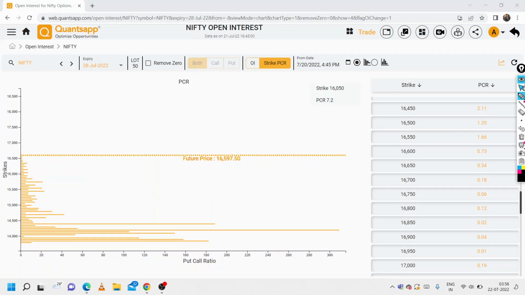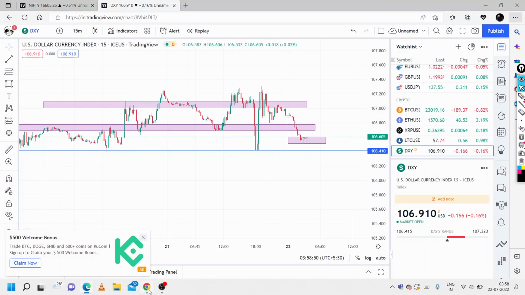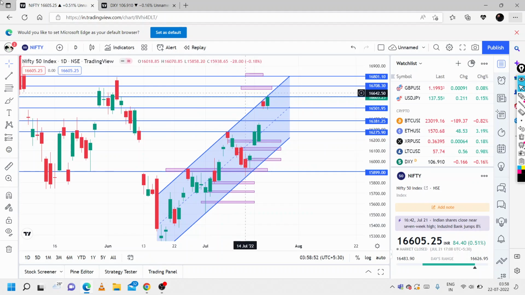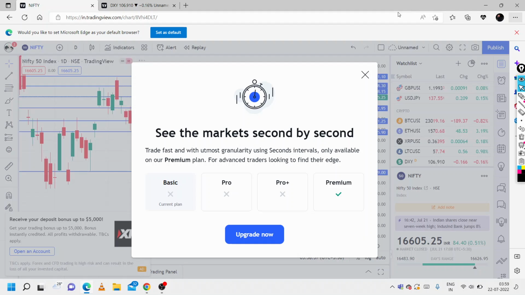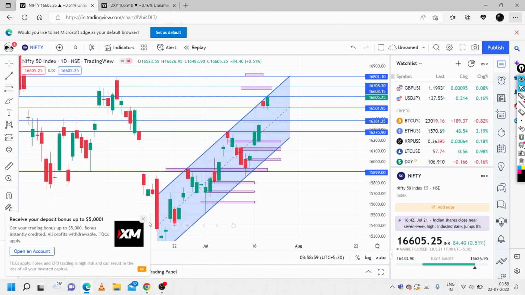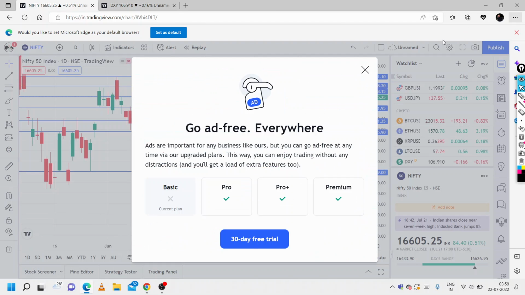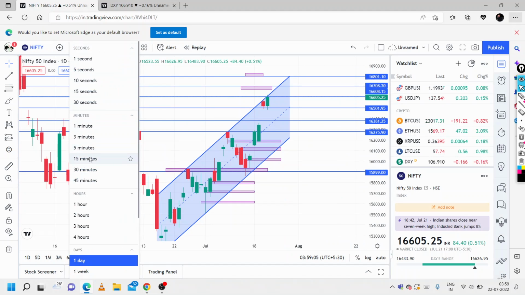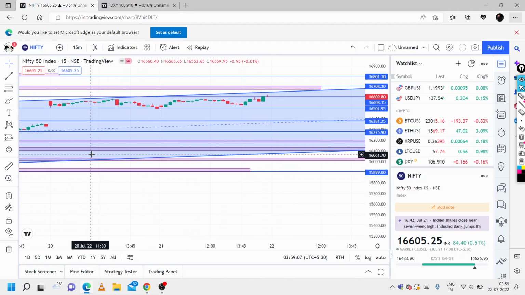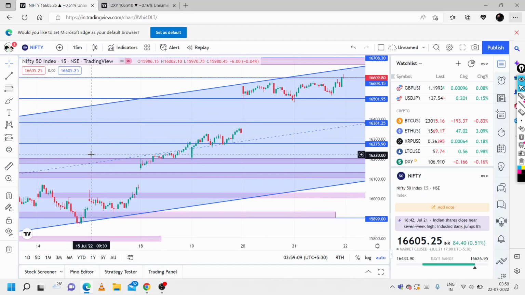Now we'll see how to trade on Friday. So for that, we'll go on our 15 minutes time frame. Before that, we'll go on an hourly time frame.